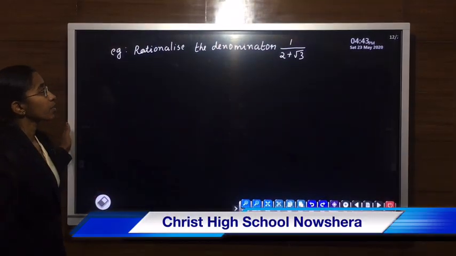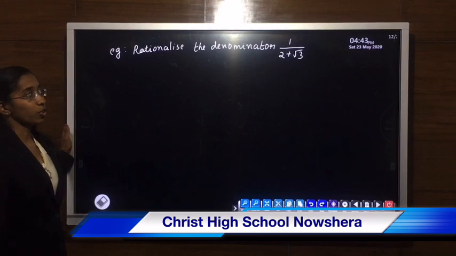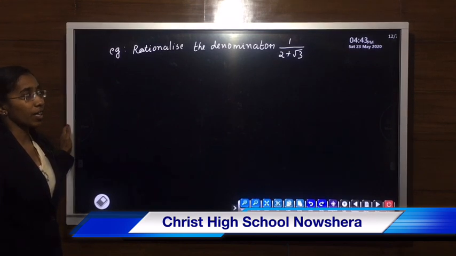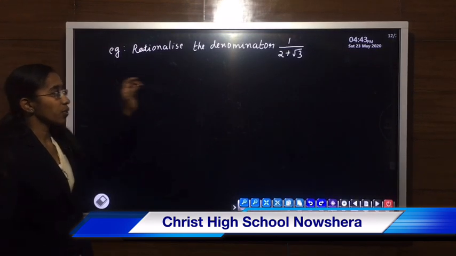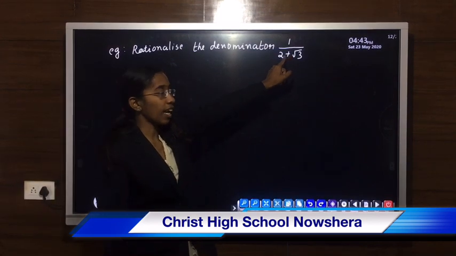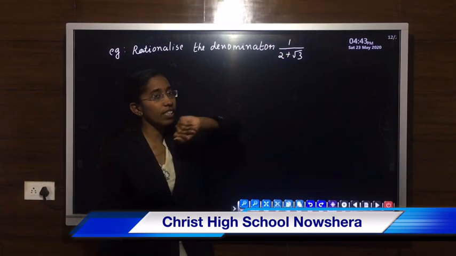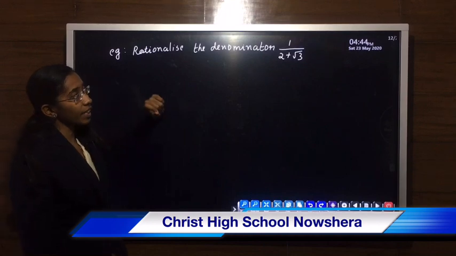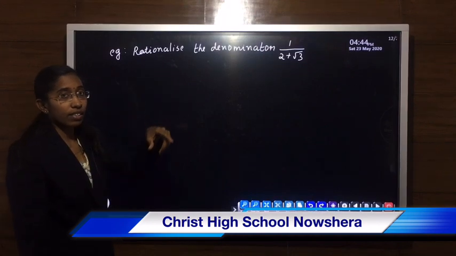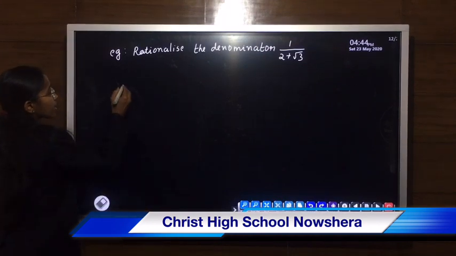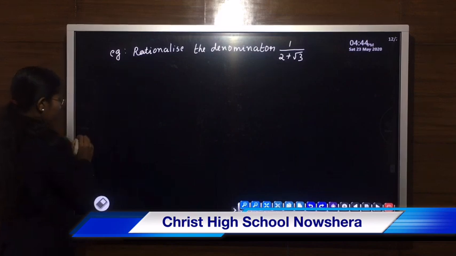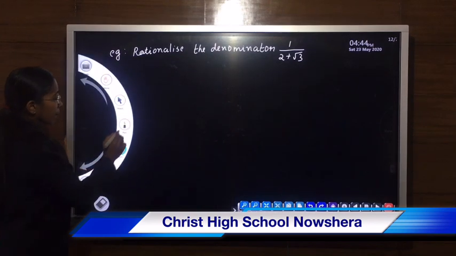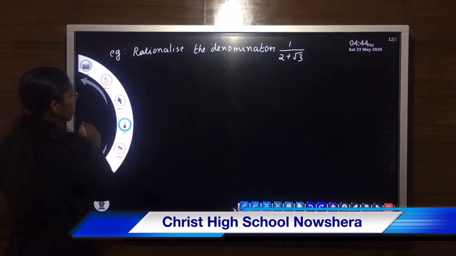So this is one question: rationalize the denominator 1 divided by 2 plus root 3. Here in this denominator there is a radical sign. So what is our aim? We have to convert that denominator to a rational number. So this is our question, 1 divided by 2 plus root 3.